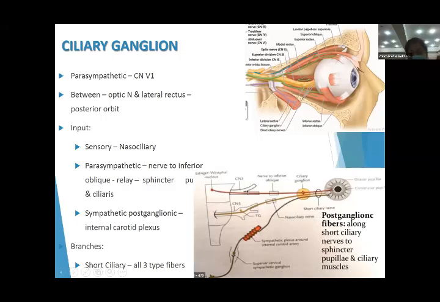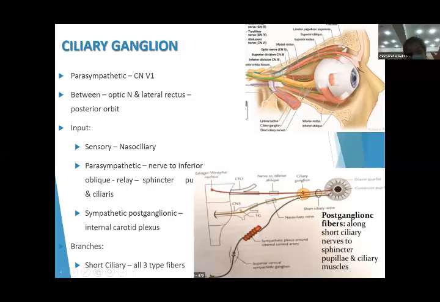The sensory root comes from the nasociliary nerve. Nasociliary nerve provides sensory fibers to the ganglion. These sensory fibers pass through the ciliary ganglion but do not relay in the ganglion.